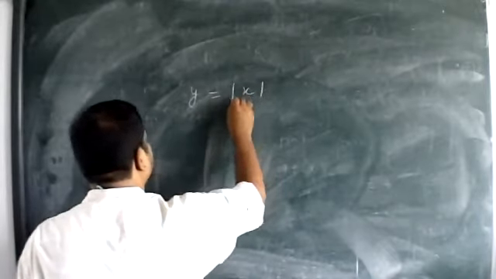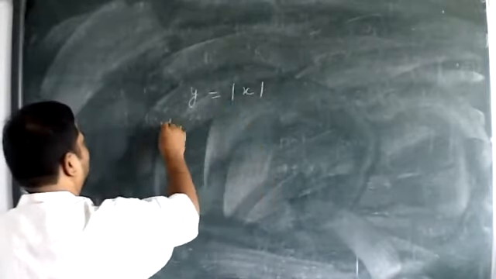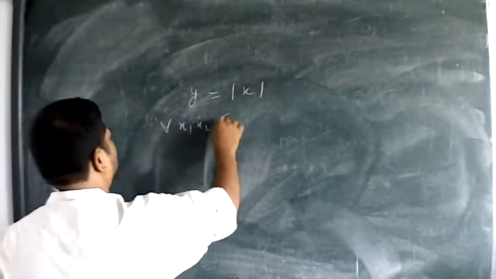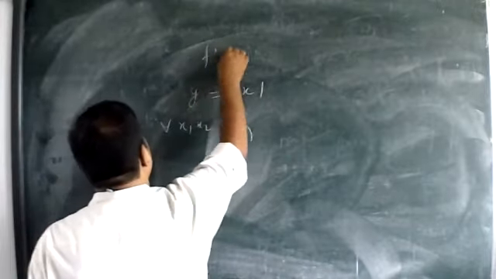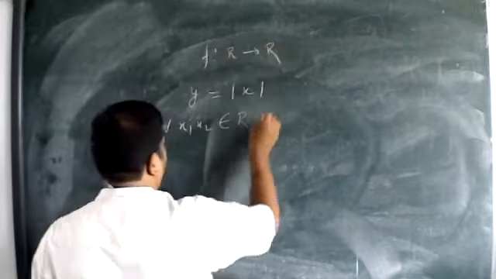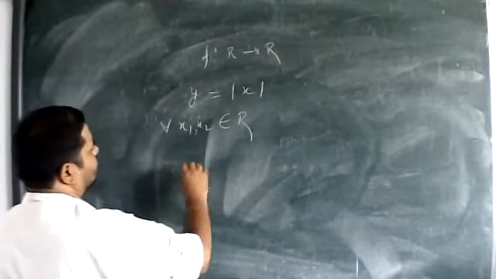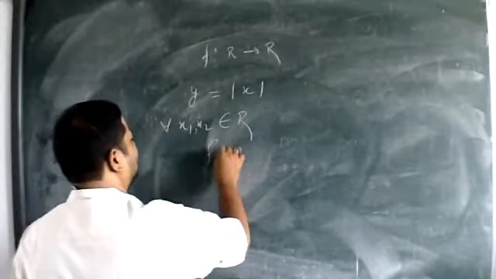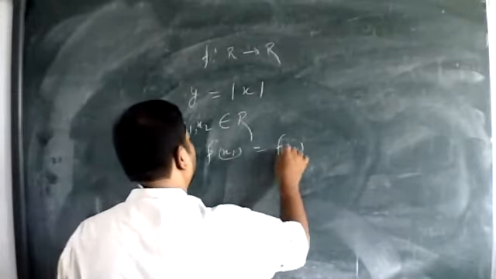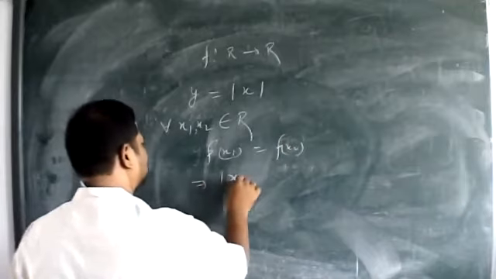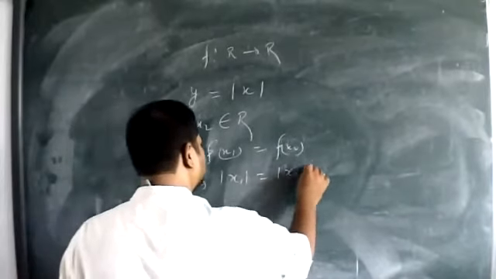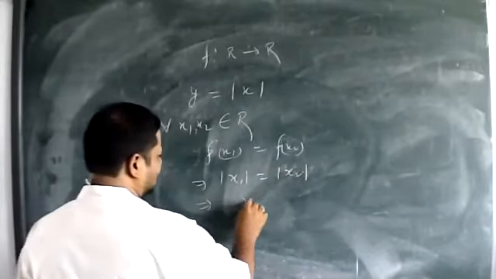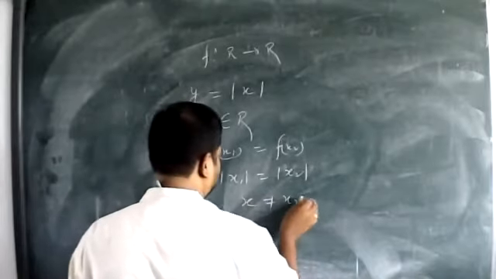For each x1, x2 belongs to real number because function is from real number to real number. Then f(x1) is equals to f(x2) implies mod of x1 is equals to mod of x2. So this does not imply x1 equals x2.